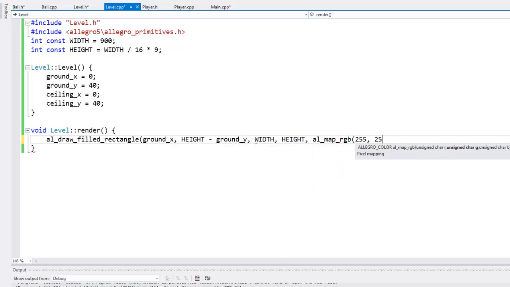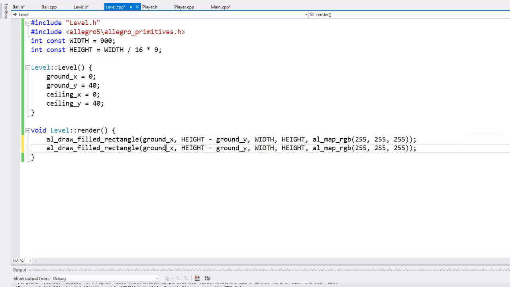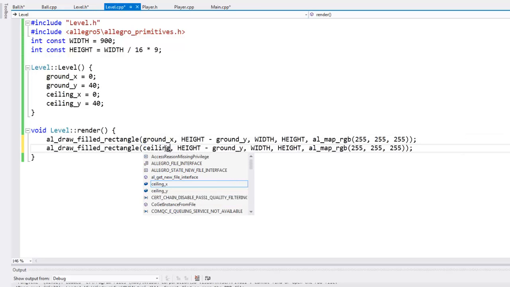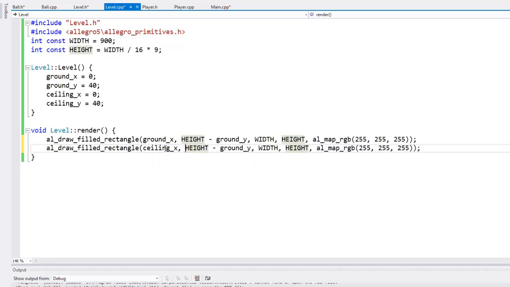Now, I am just going to make it pure white. And we're going to copy this. And instead of ground X, we're going to put ceiling X. And for this, we're actually just going to put 0, because it's at the top of our screen this time instead of the bottom.